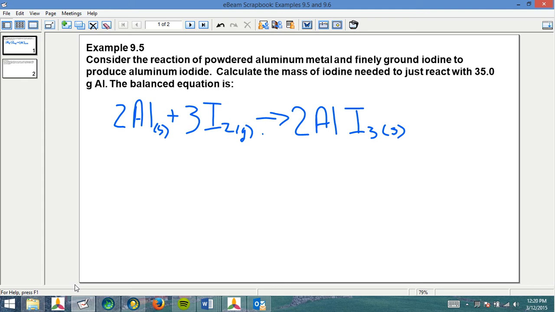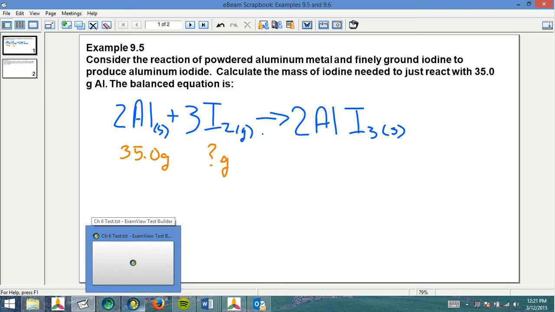So I have 35.0 grams of aluminum, so I'm going to write that right under aluminum, and I'm going to write my question mark under the thing that it's asking me for, which is how much iodine. And what am I looking for? Grams. So I'm going to write question mark grams right there.